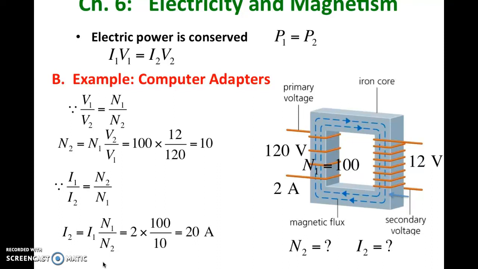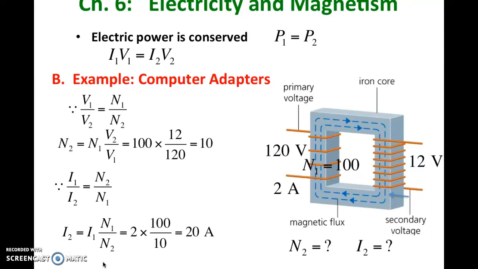So V1 equal 120 volts, I1 equal 2 amperes, N1 equal 100, and V2 equal 12 volts. Find N2 and I2.